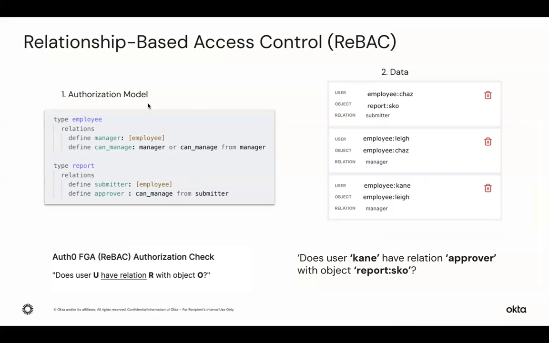Based on the authorization model I built, Ken, since he's a manager to Lee, can approve the report that is submitted by Chaz. So just one line of code in the authorization model, and you're able to build this hierarchy. Your application asks a single question to FGA, FGA responds back yes, they can approve it, and boom, you can allow this to happen without any workarounds.